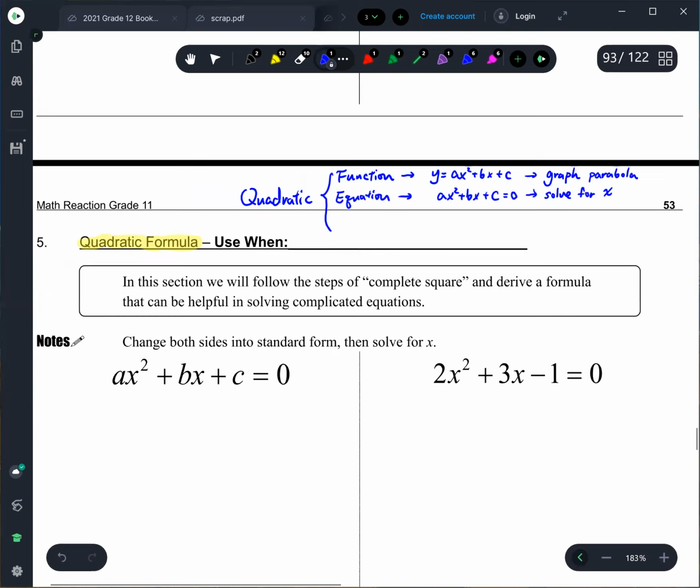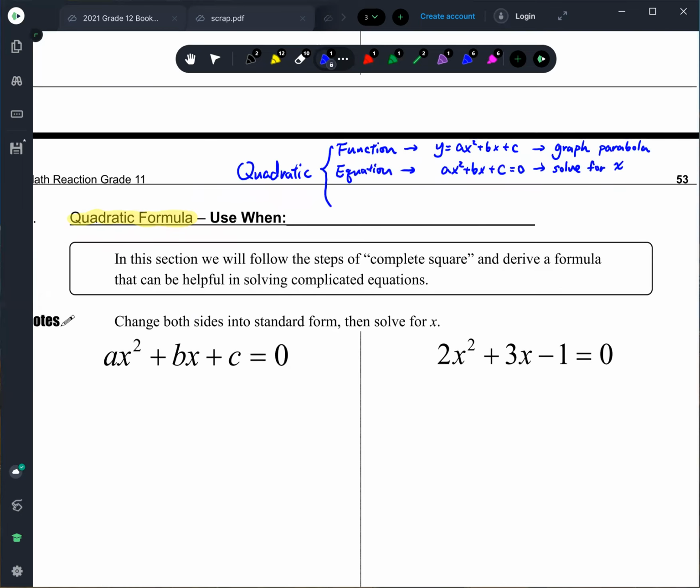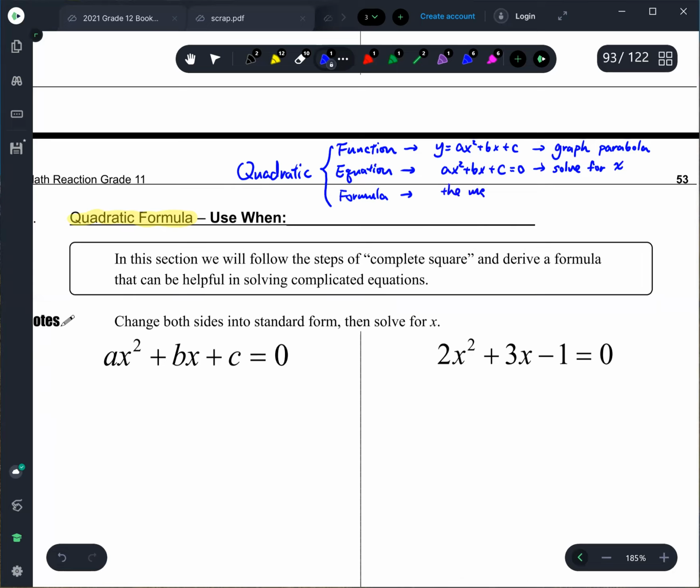And then the thing that we are learning now, the quadratic formula, is just one of the methods to solve the equation. It's the method to solve a quadratic equation, QE, okay?